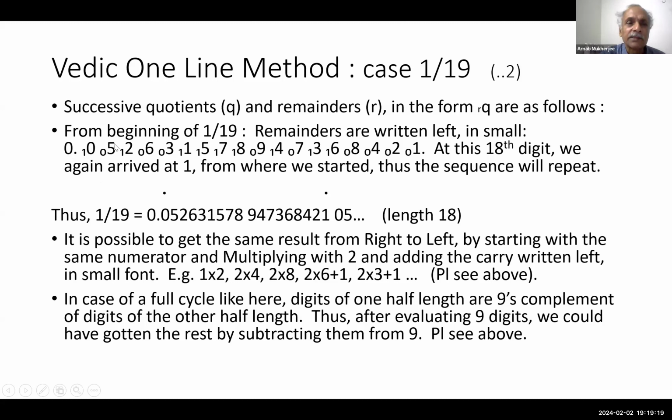Now 10 divided by 2. We keep on dividing by 2 always, only by 2. So 10 divided by 2 is 5 with no remainder. So for the remainder, either you can skip this or put a 0. I wrote 0 in this format to avoid any confusion, but actually you need not write 0. Now this is 0, 5. 5 divided by 2: what is the quotient and remainder? 2 quotient and 1 remainder. Okay.